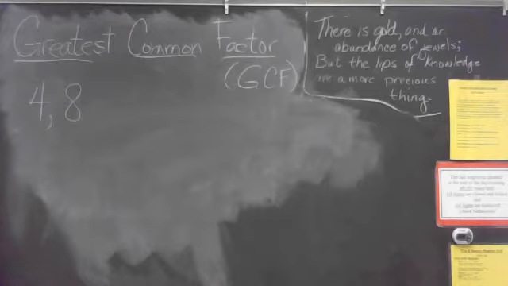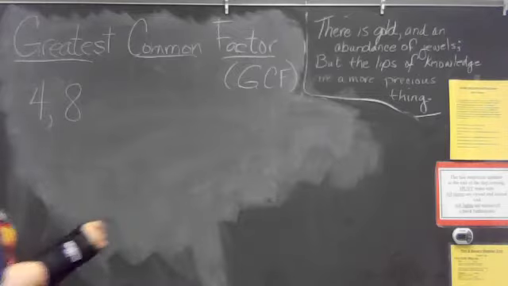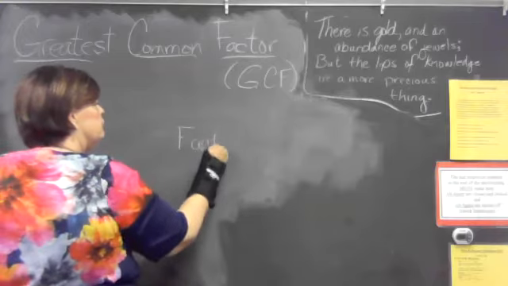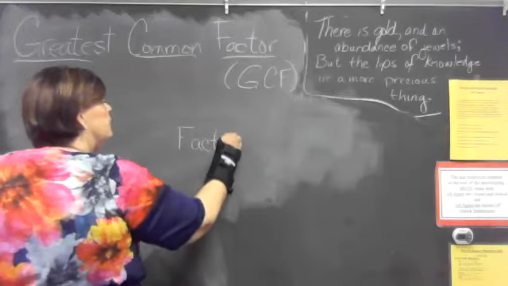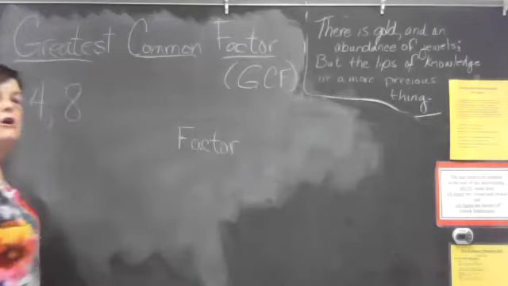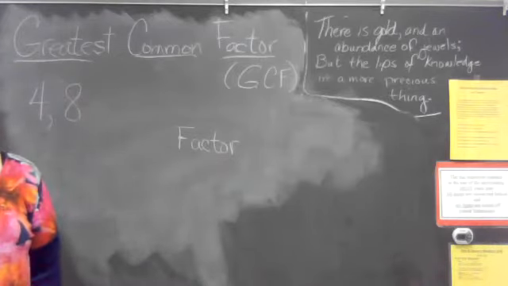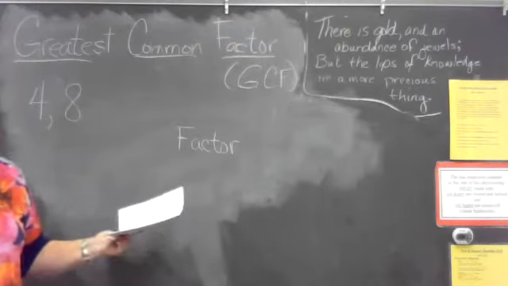Greatest means the largest. Factor means there's a difference between factor and multiple, so be sure you're aware of this. We will be finding least common multiples later. Greatest common factor is very important right now.